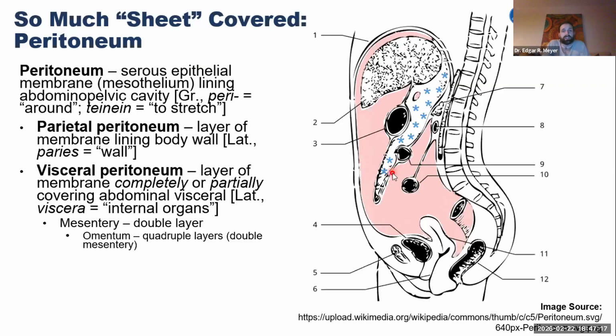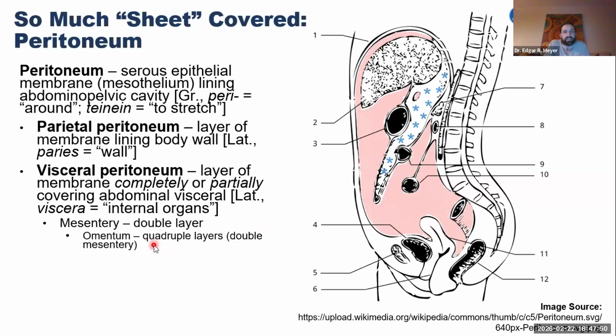Now, because our gut in its formation elongates and undergoes growth, we get additional looping of these tube-like structures, the small and large intestines. And because of this looping and growth, you can imagine that this double layer of sheet or mesentery will then fold in on itself as well.